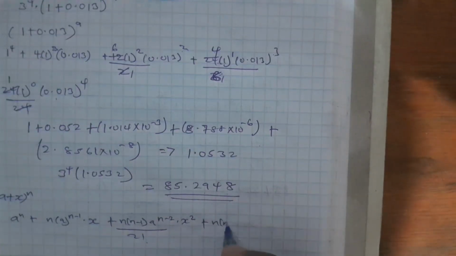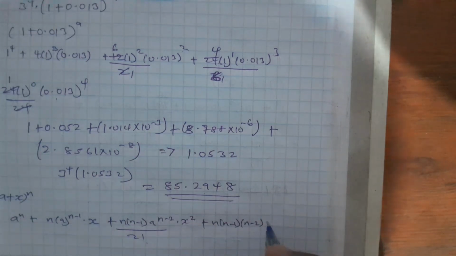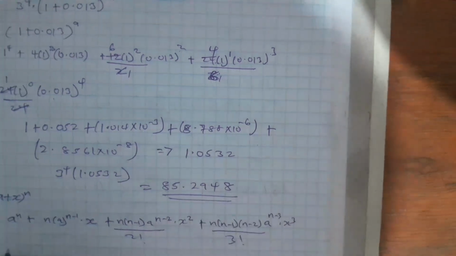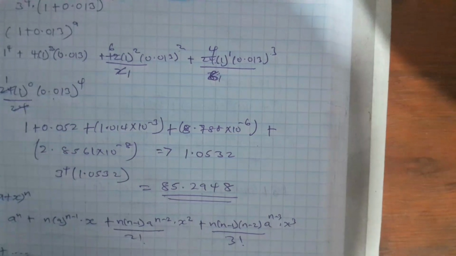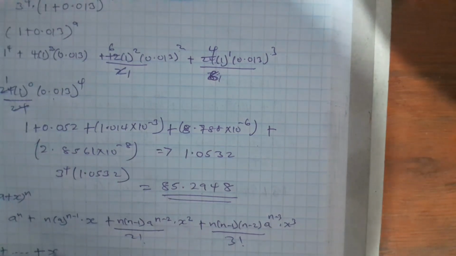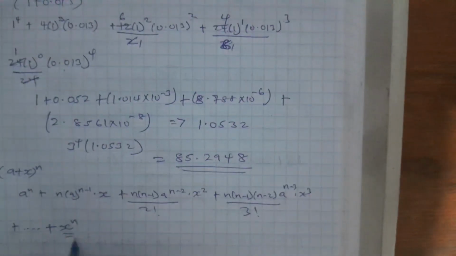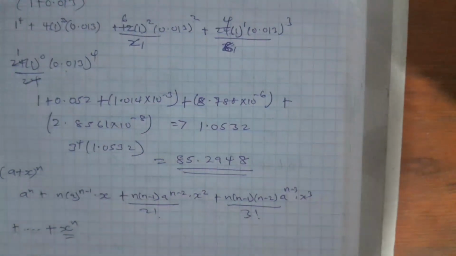Plus n(n minus 1)(n minus 2) a to the n minus 3 x to the third over 3 factorial, and then you continue to add until you have x raised to the nth term. This is the binomial series expansion.